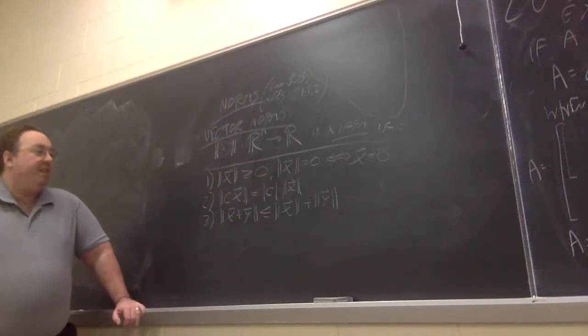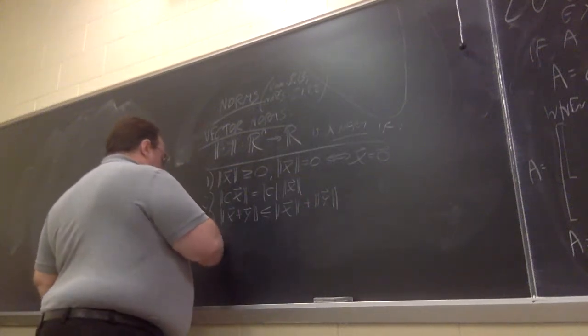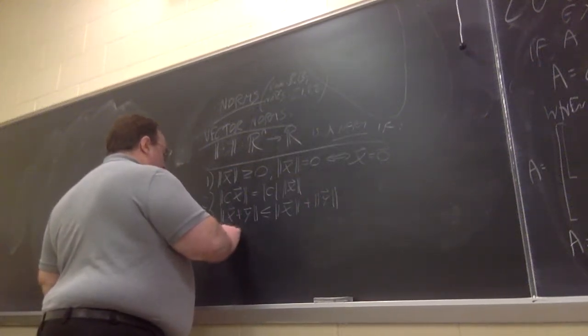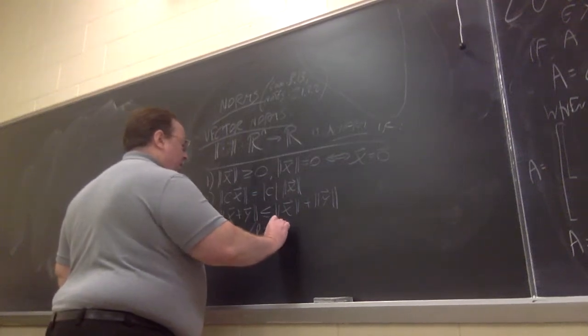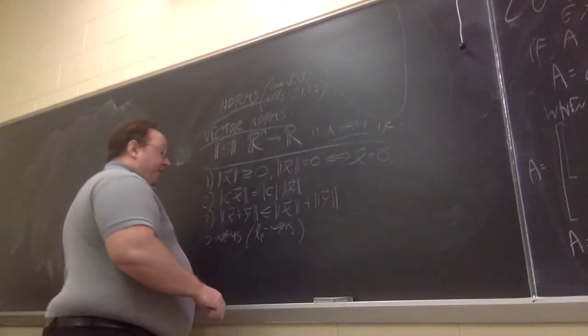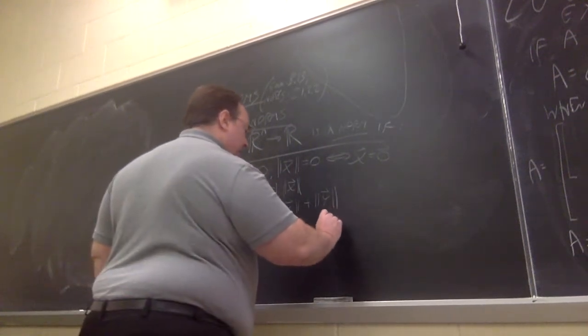Now, there are many different norms out there, but there's one family of vector norms which is really the only one we'll deal with. These are called the p norms, also known as the L^p norms. They can all be described using a common formula.